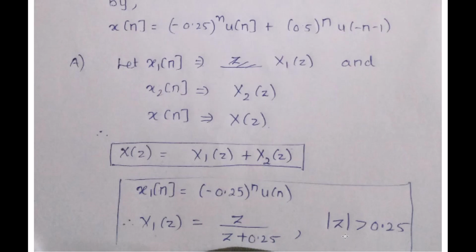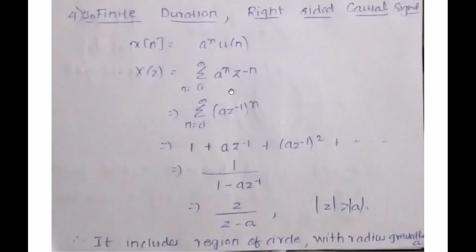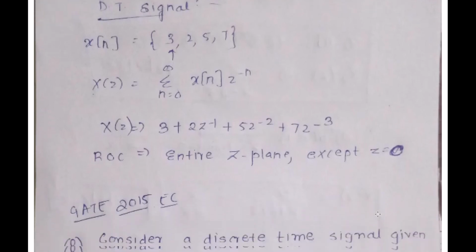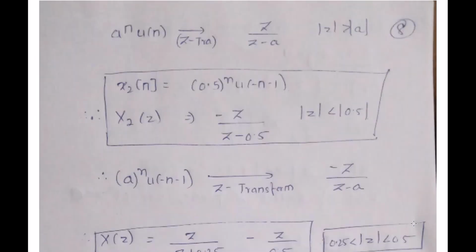Hence, my mod z value is greater than 0.25. If you see over here, the formula says the same way. A raised to n u of n, that is z upon z minus a, mod z greater than mod a.